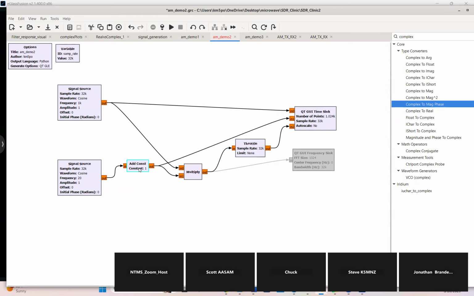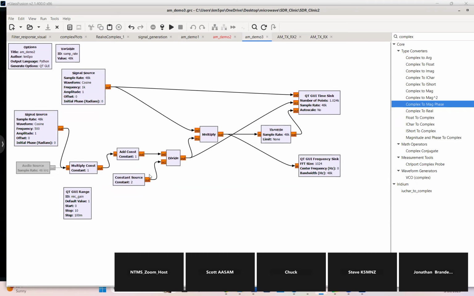This also shows up in the formula. So at least that constant of one is present. If you look in Wikipedia or you look up other fundamental descriptions of AM modulation, there's always this one being added in.